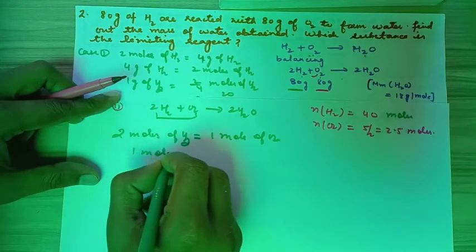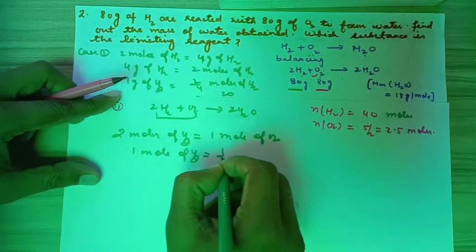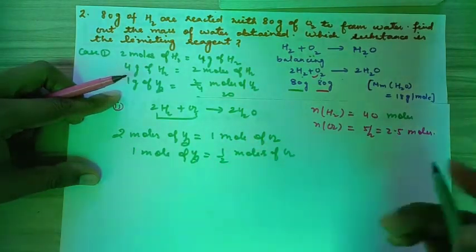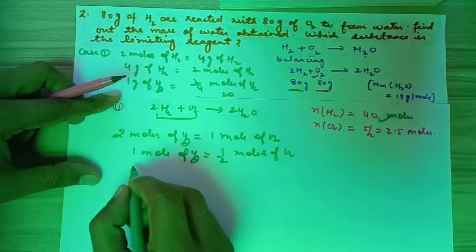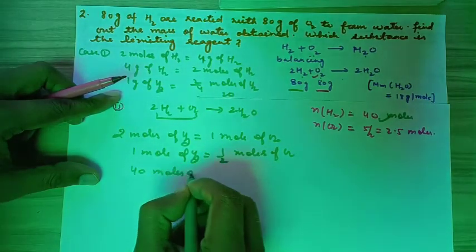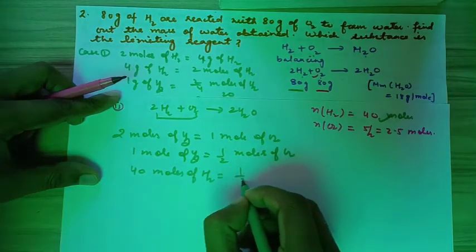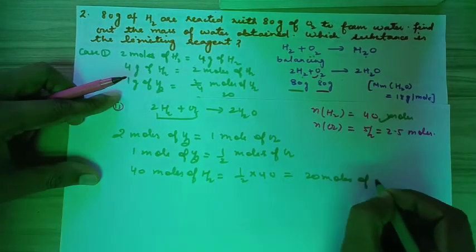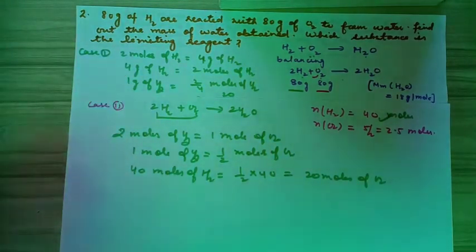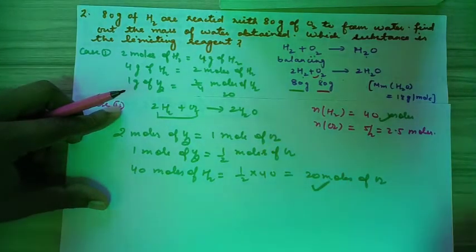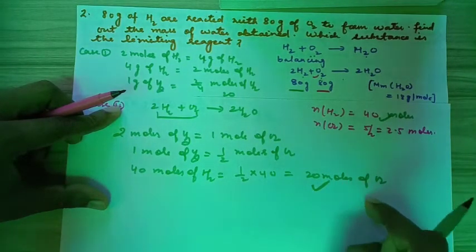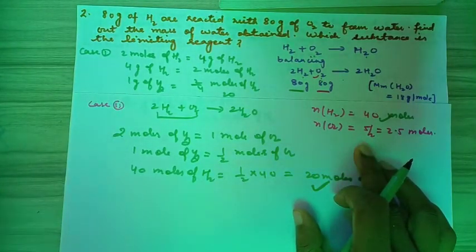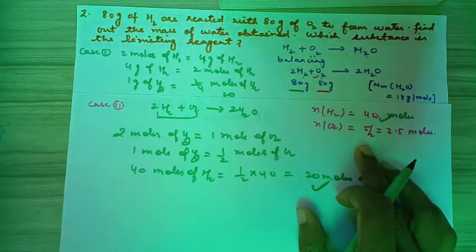So 1 mole of S2 will give us 1 by 2 mole of O2. So S2 is here 40 moles. So 40 moles of S2 will provide us 1 by 2 into 40, and that will be 20 moles of O2. Now here the requirement of oxygen comes out to be 20 moles, and the availability of oxygen is 2.5 moles.